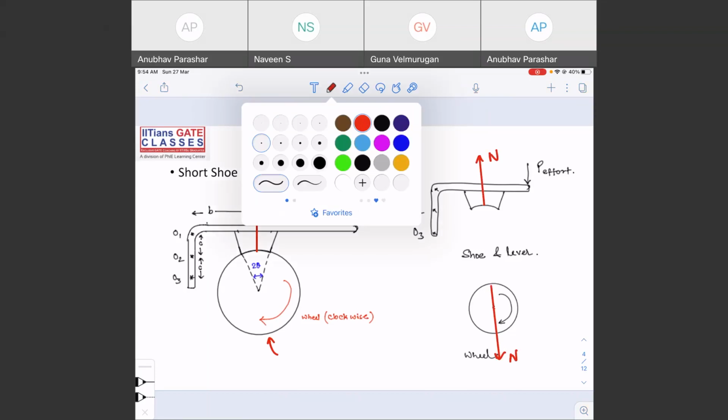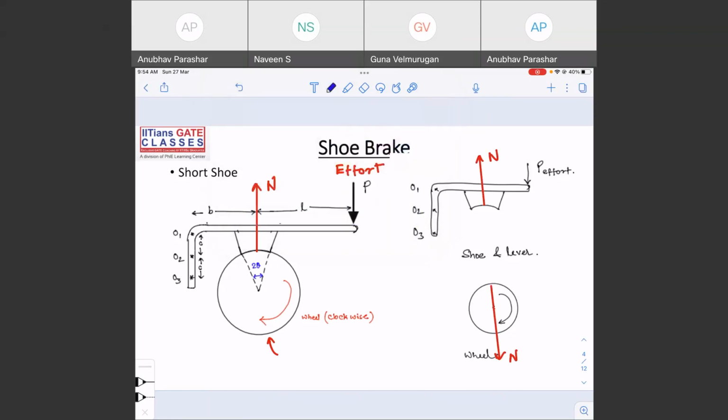Then friction force will be there. On the moving member, the friction force will be in this direction. Friction force, let me say F. On the lever, the friction force will be in this direction. There's something that you will have to figure out.